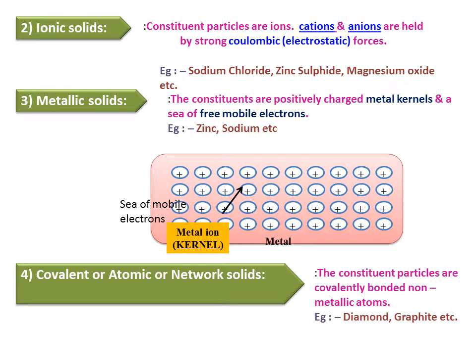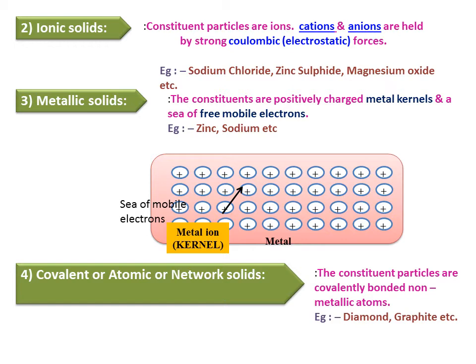Next is metallic solids. These are crystalline solids made up of atoms of metals. A special mention here: metal kernels and a sea of mobile electrons. Let me define it again. The constituents are positively charged metal kernels.